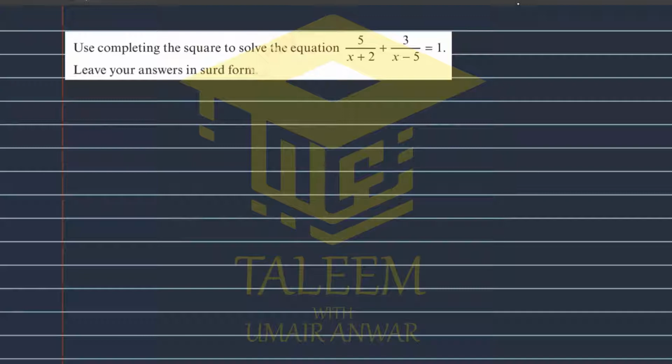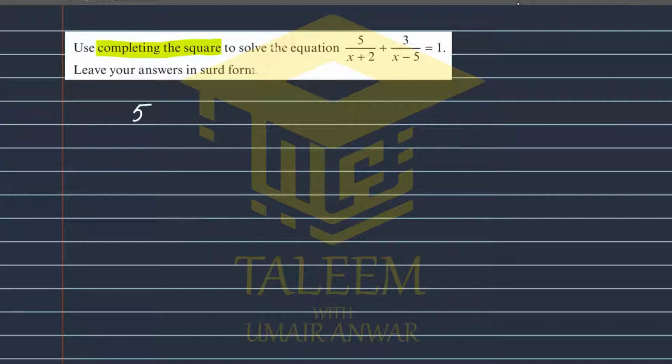And we can use any method, except when a particular method is mentioned in the question by the examiner or the author. So in this question, it says that we have to complete the square and then solve. Further, it says to leave your answers in surd form. That is something that I'll explain in a while.